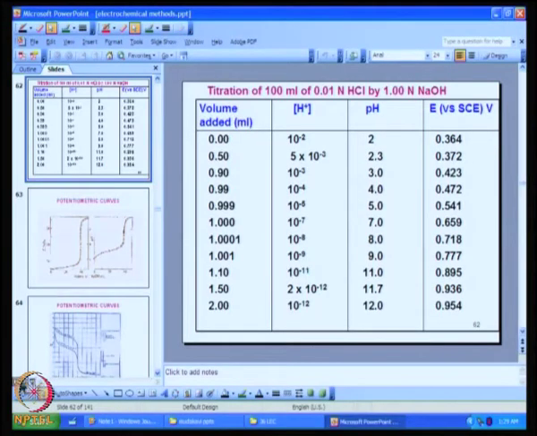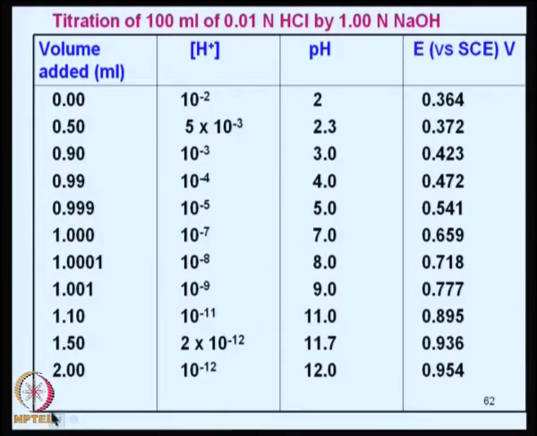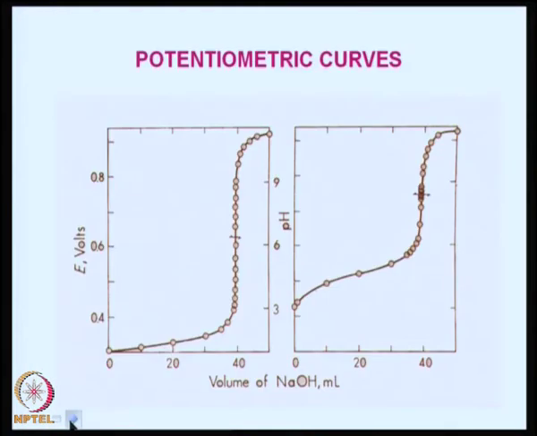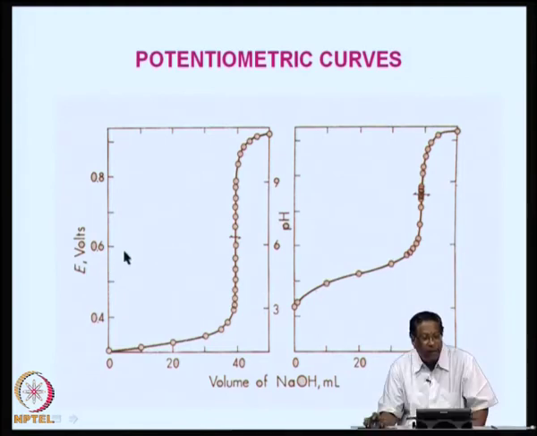Similarly, I can go for other systems. These are the potentiometric curves you would see with the titration of NaOH and HCl on the left side, with a very sharp inflection point.